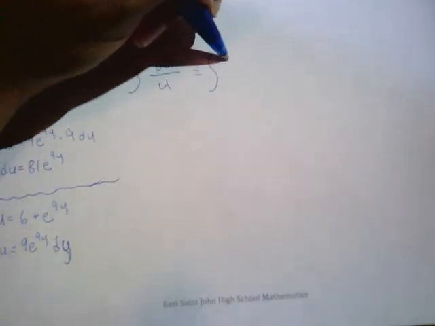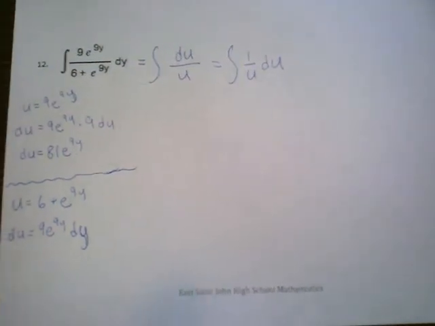So we have du over u, or if it's a little easier to see, you can write it as 1 over u times du, and you can still write that as the integral of u to the negative first power du.